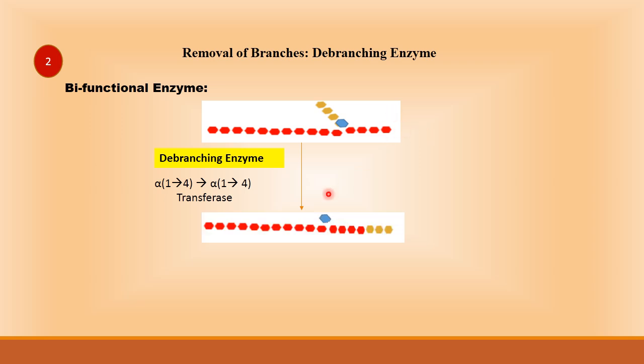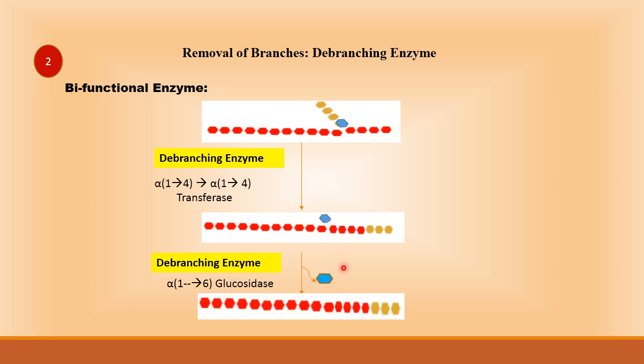So, here we can see that only 3 glucose residues are transferred to the linear chain, and only 1 glucose residue is present at the branching point. This is the first activity of the debranching enzyme. Now, the second part that the debranching enzyme will do is alpha 1,6 glucosidase activity. That means it will act at the alpha 1,6 glucosidic linkage present at the branching point, and there will be removal of 1 glucose residue. So, we will get a debranched glycogen.